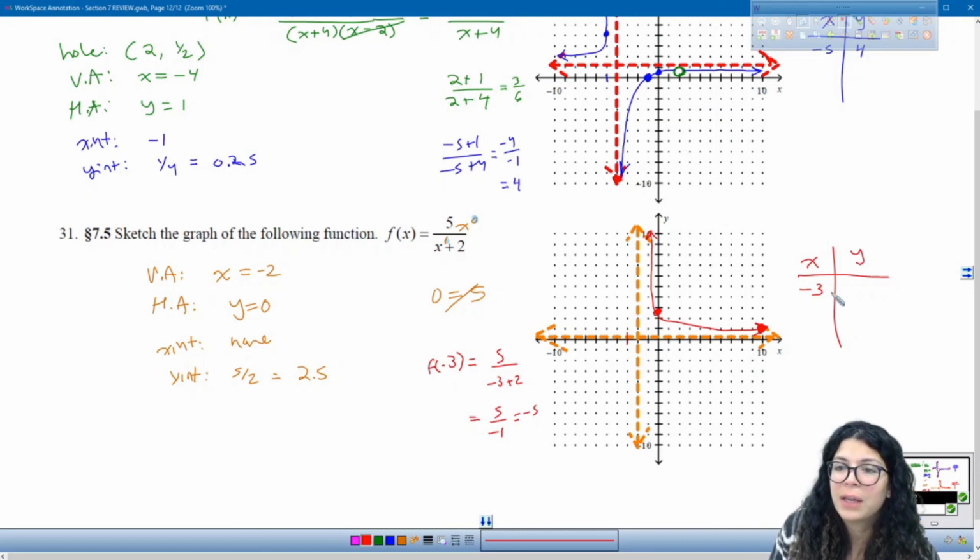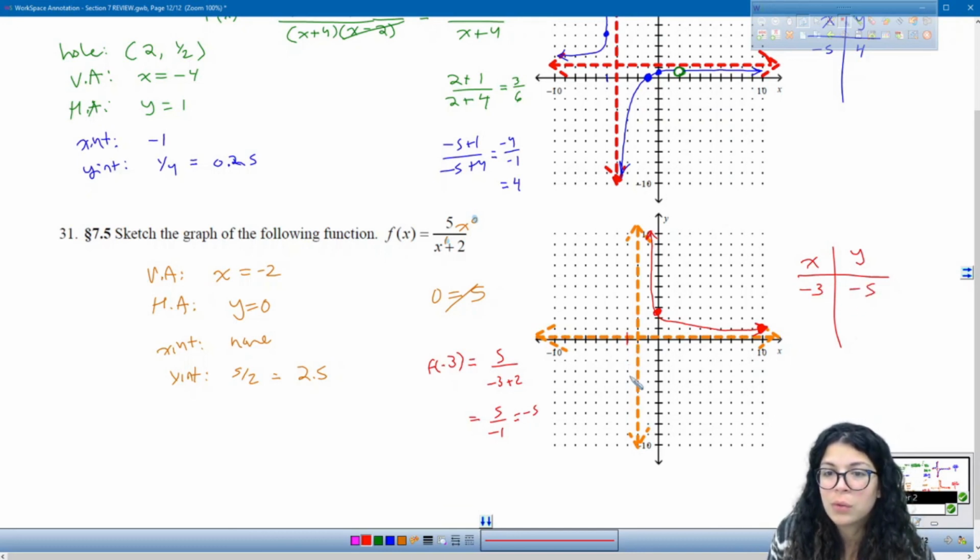So for an x value of -3, we get a y value that is negative 1, 2, 3, 4, 5. So that tells me that on the left side, this is going to be graphed on the bottom of the horizontal asymptote. And that is the final question.